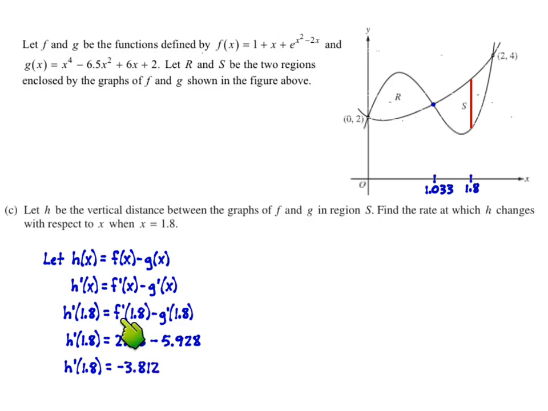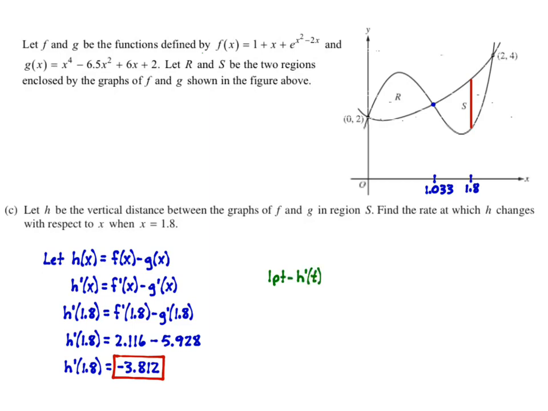So essentially at x equals 1.8, this line segment is decreasing at a rate of 3.812. As we move it this way, we can see that it's decreasing at that point. Anyways, that's our final answer.